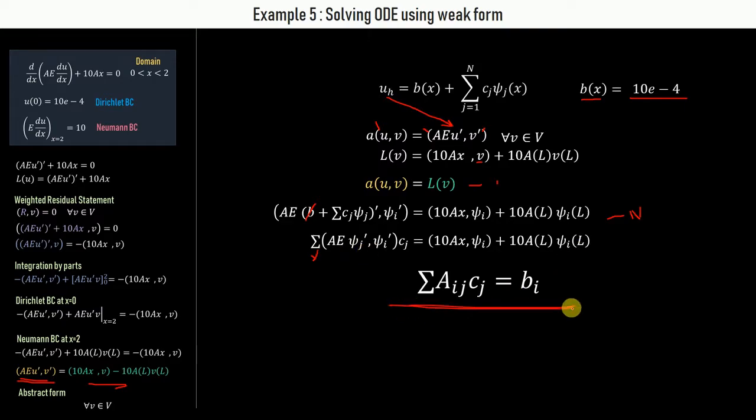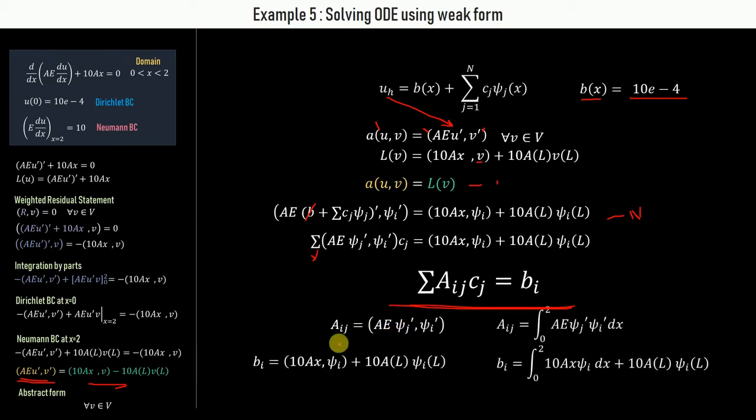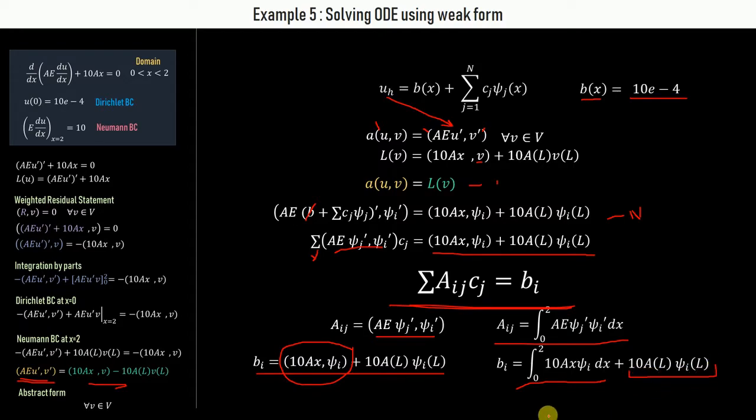We can write this in this form, and we can solve this linear equation simply using Matlab or whatever. Okay, where aij's are these terms, which is nothing but the inner product of this term with this term, and bi are this, in which there is one inner product. This part is an inner product, so we have expanded it, and these two terms. Okay, so we started with this equation.